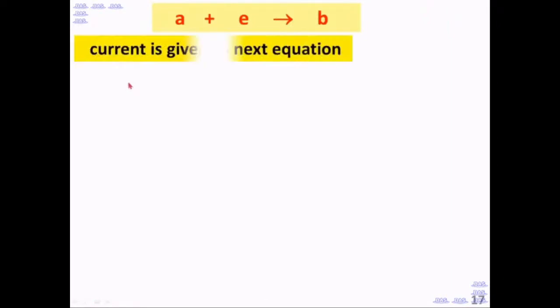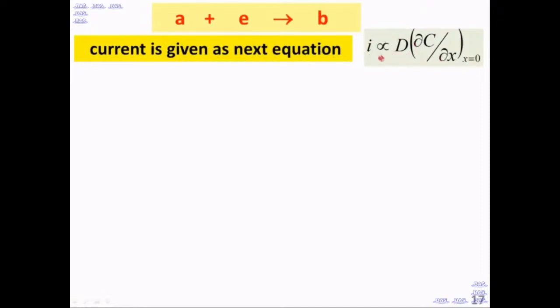One electron reduction current is given as the next current. Diffusional current is proportional to the concentration gradient at the electrode surface, where X0 means the electrode surface, and proportional to the diffusion constant.